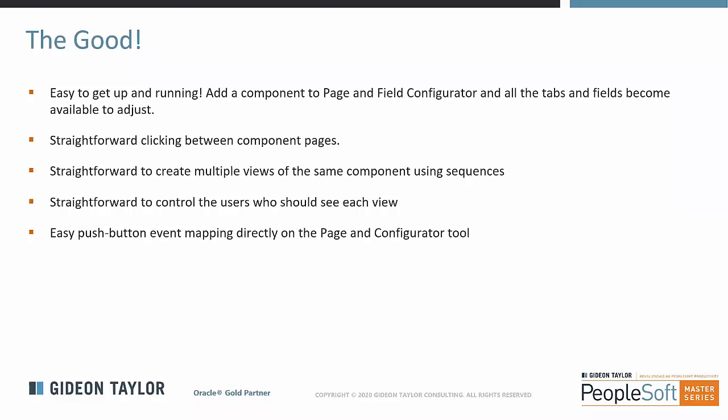You'll want to add that permission list for the Page and Field Configurator administrative page to one of your back-end admin roles. If you end up wanting to click that apply configuration button in production after you use migration workbench to move all the configuration, then you will need access to the component in production. So that's a good question.